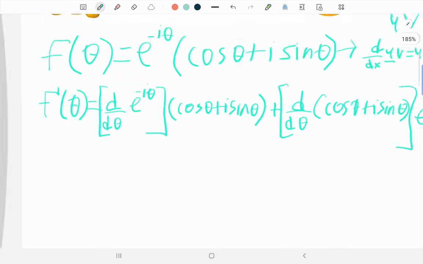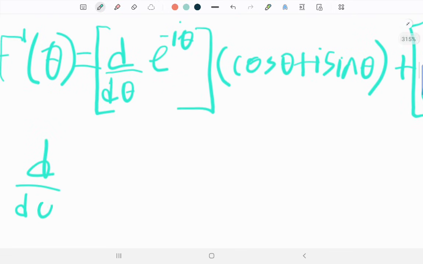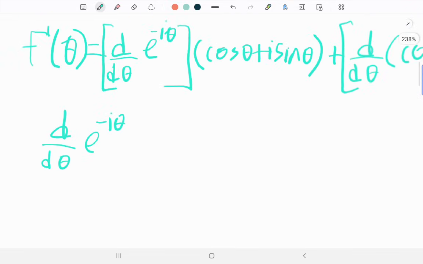As we know, the derivative with respect to theta of e to the negative i theta simply resembles the form of x to the n, where the derivative is n times x to the n minus 1. So basically, we apply the same concept here. Therefore, this becomes negative i times e to the negative i theta.